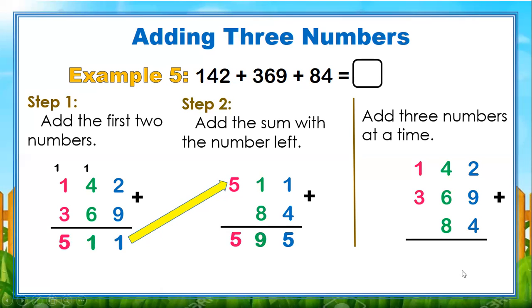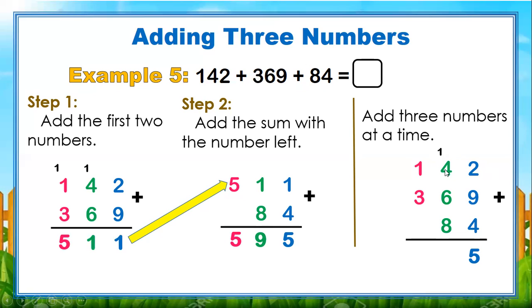Okay, so let us now do the addition. So 2 plus 9 is 11, plus 4 is equal to 15. So let us put carry 1 here, which means we regroup the number in the ones place.